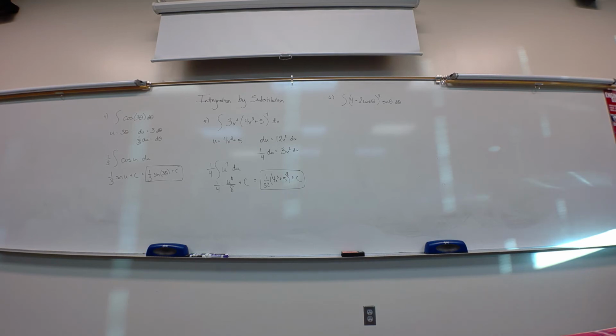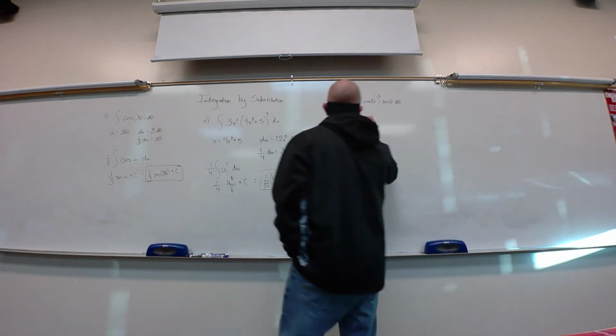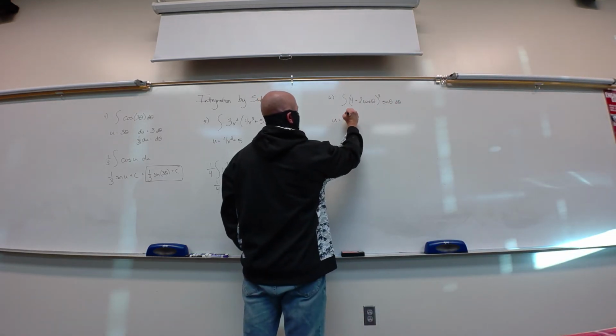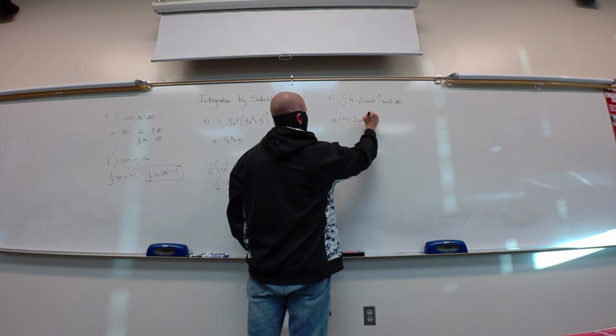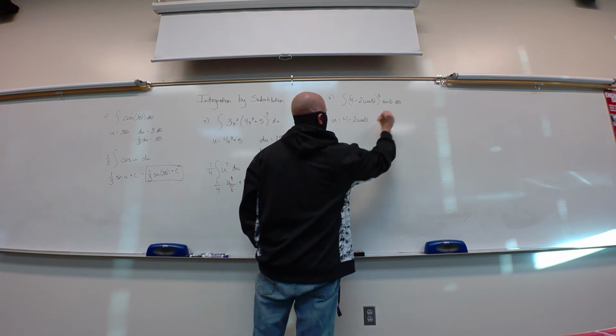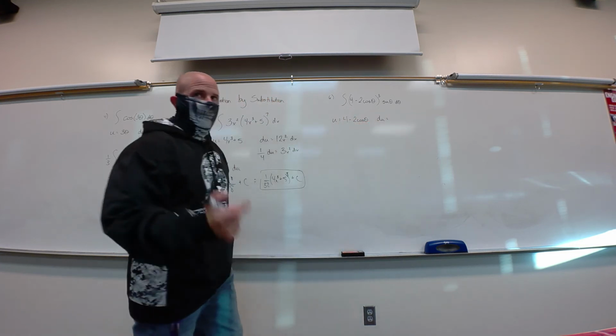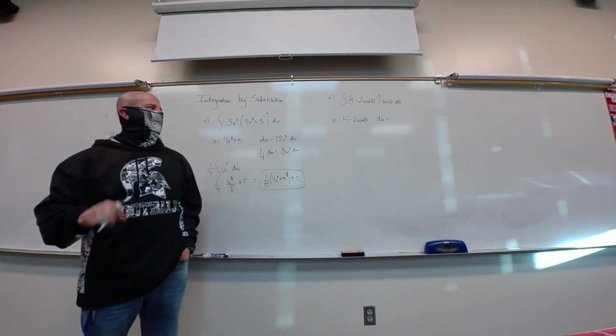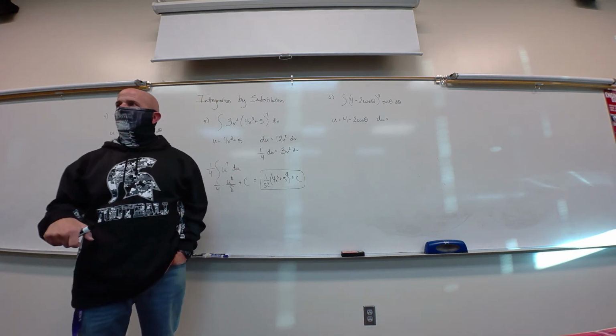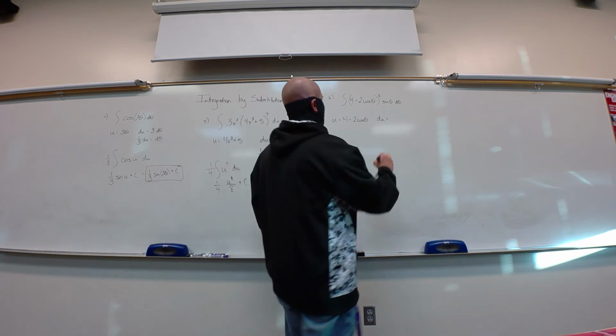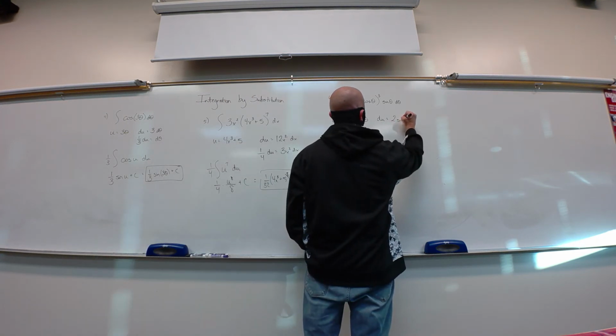What should we try to make u be first? 4 minus 2 cosine theta. So we clue right into that exponent. There we go. So u would be 4 minus 2 cosine theta. So now let's go get du. Derivative of cosine is negative sine. So this would then be a positive 2 sine theta.